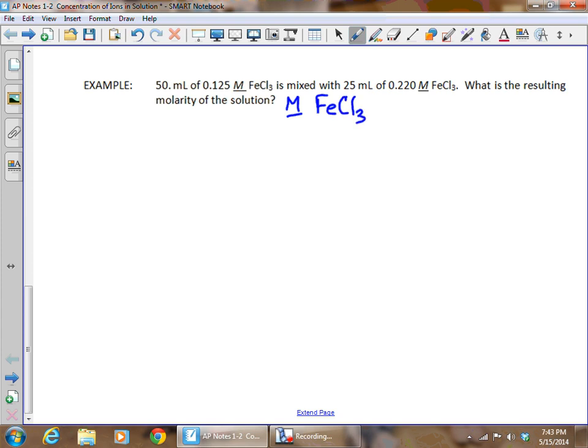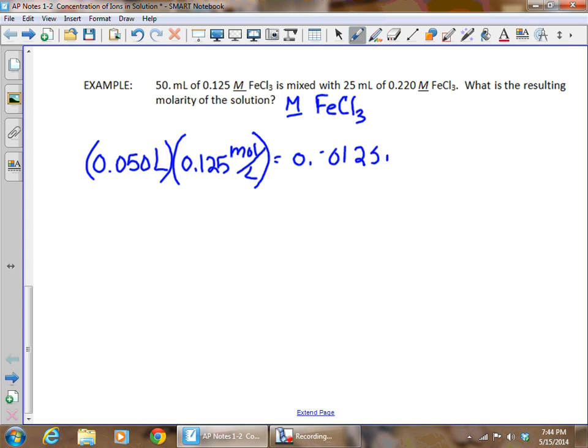So the molarity of FeCl3 total is what we're looking for. So moles over total liters again. Let's get moles of FeCl3 in each of our solutions, and then we'll divide by our total liters. So liters times molarity gives you moles, so 0.050 liters of our 0.125 molar solution, moles per liter, is going to give us a mole value of 0.00625 moles for our first solution.